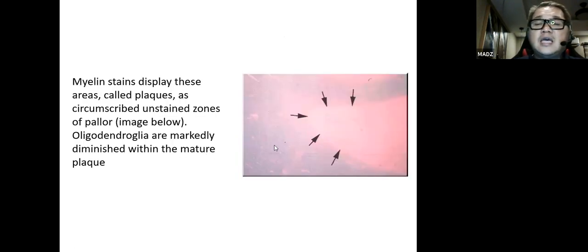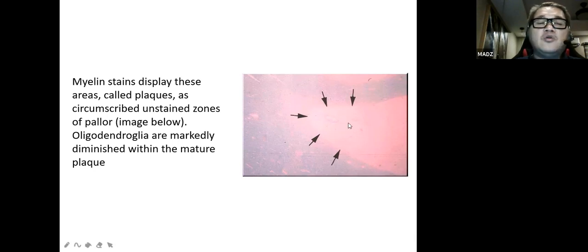So this is a specimen wherein they stain it with a myelin stain. Okay, the plaques are usually unstained zones of pallor. So pag stain ng myelin, hindi siya na-stain. So that's why it's lighter.